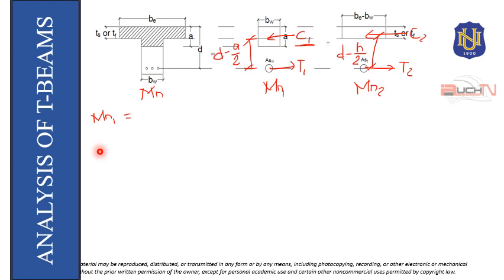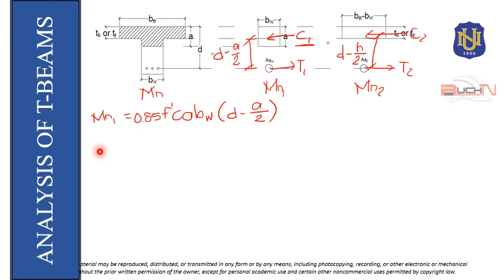So, that will be 0.85 f'c a times bw times d minus a over 2. So, yan ngayon yung nominal moment capacity of the beam, or the first nominal moment capacity.